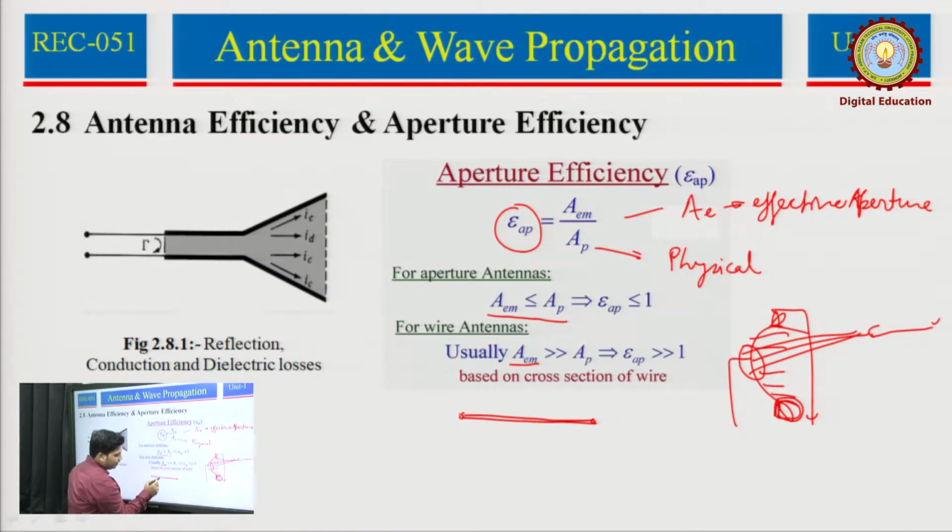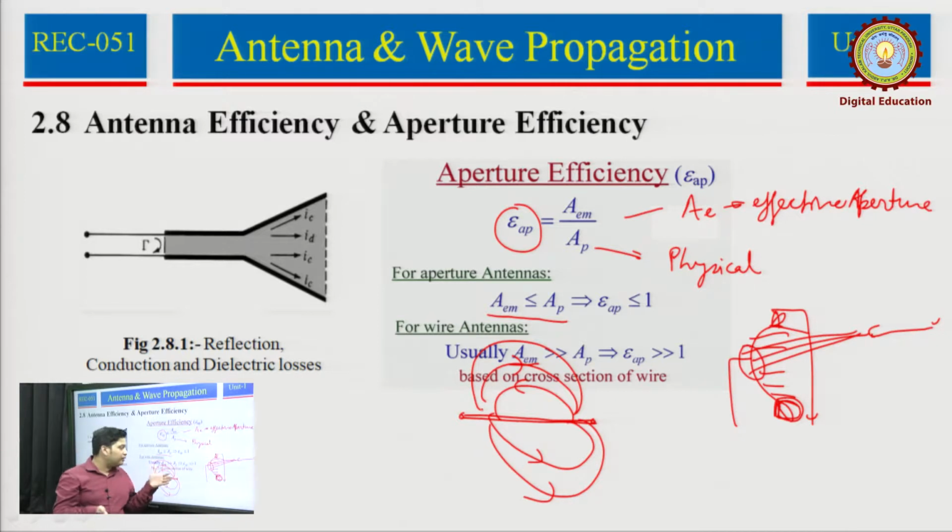Why? Because the radiation it takes out from this form is on both sides and so on. So, in total it looks like a bigger one from a distant place, and that is why its effective aperture is greater than the physical one, and its efficiency is greater than unity.